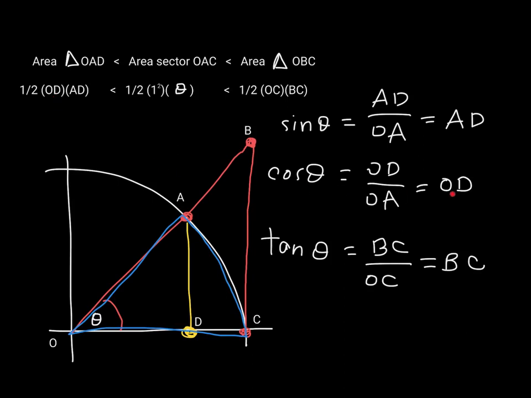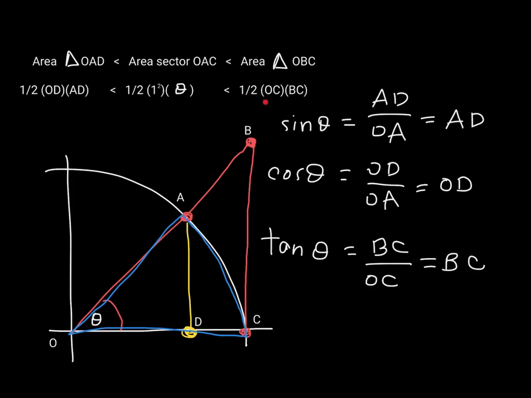Now, OD we found is equivalent to cosine theta, so I'll make that substitution for OD. And AD, we found, is sine of theta. Okay, OD is cosine theta, AD is sine of theta. Similarly, the sector area is just theta over 2, and the larger triangle is 1/2 times OC times BC.